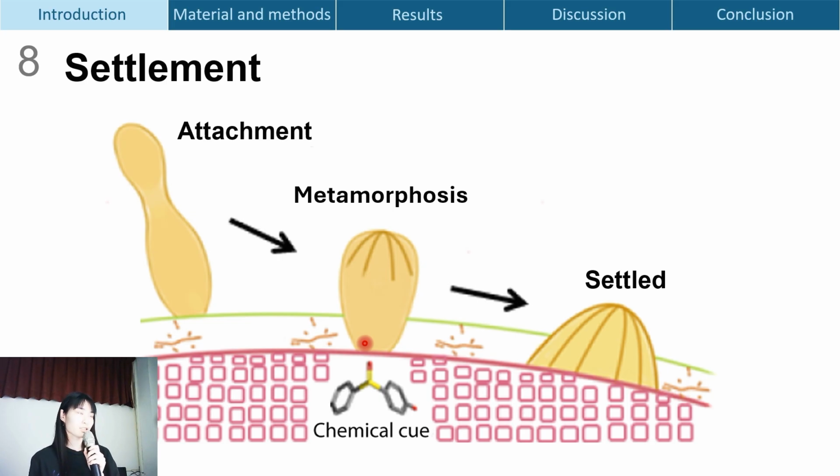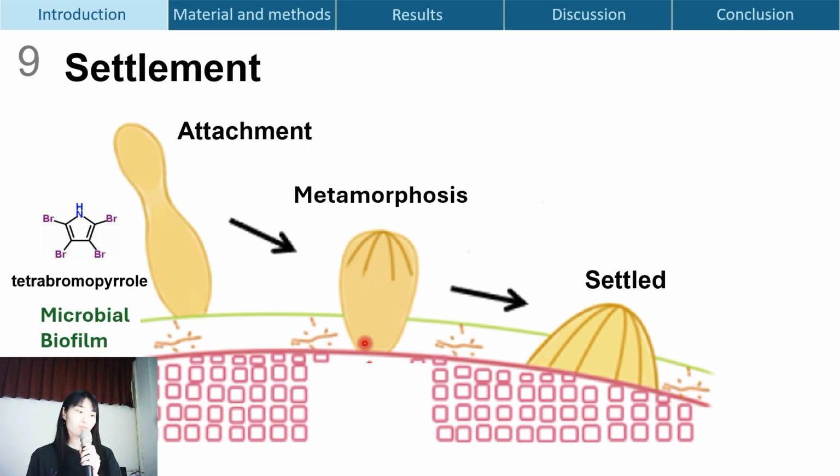And previous research has proved that CCA, crustose coralline alga, can induce their settlement too, as a chemical cue. Chemical cues means the signal to the larva. When they receive the chemical cues, they will know it's time to settle.